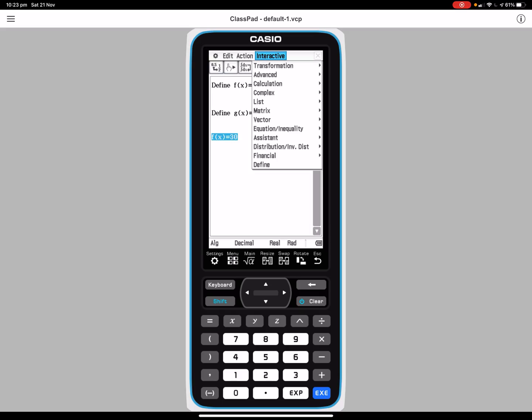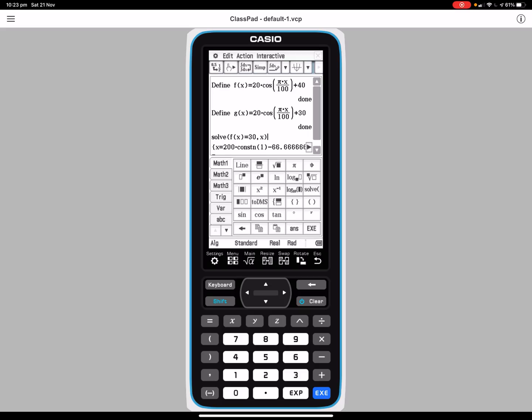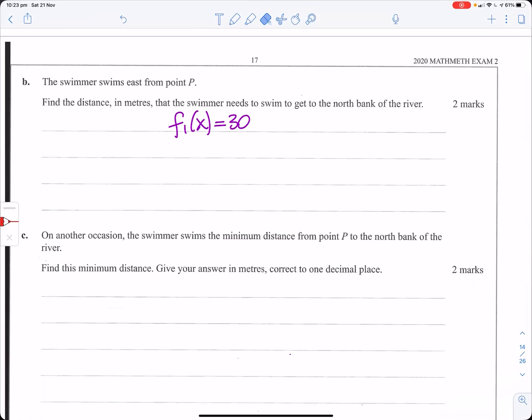We know it's between 0 and 200, so 0 is less than x, which is less than 200. So it's got to be x is equal to 200 on 3.